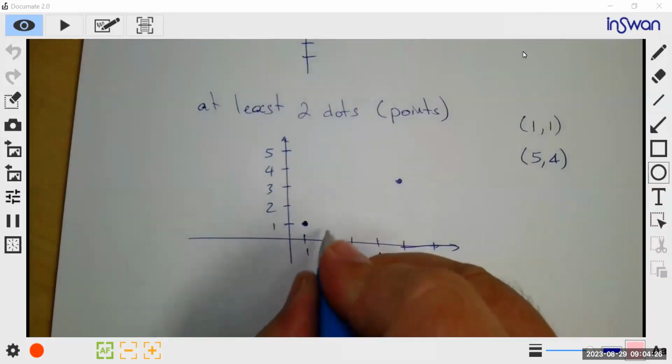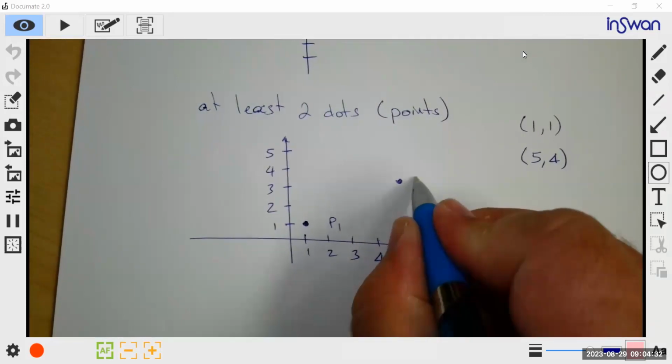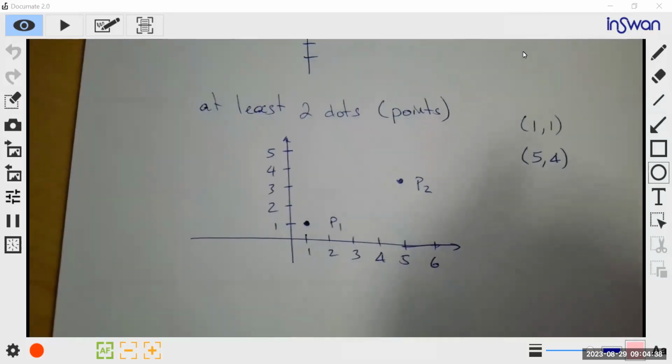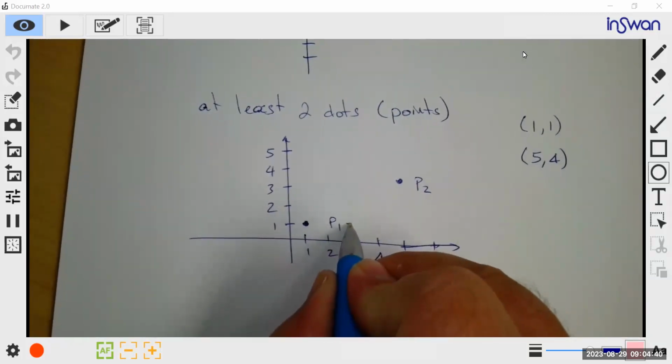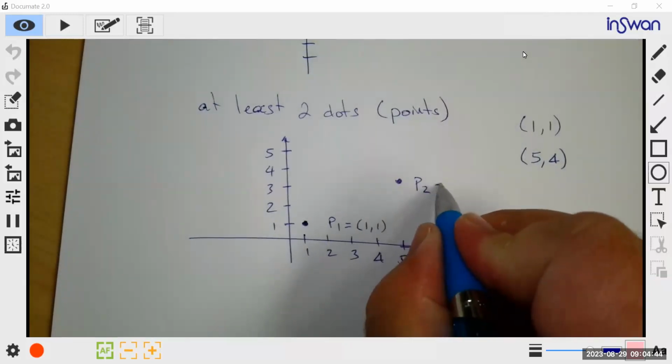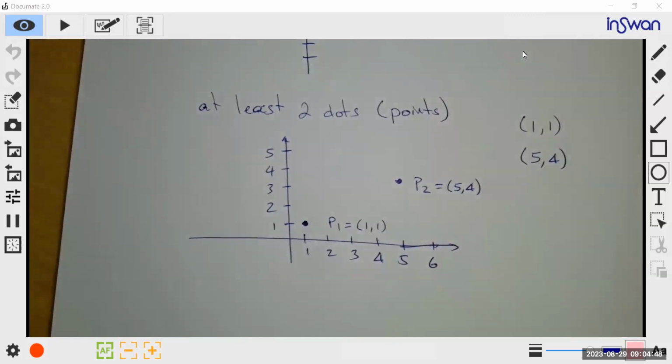So we're going to call that point 1, and the second one point 2. So point 1 has the coordinate 1, 1, and point 2 has the coordinate 5, 4.